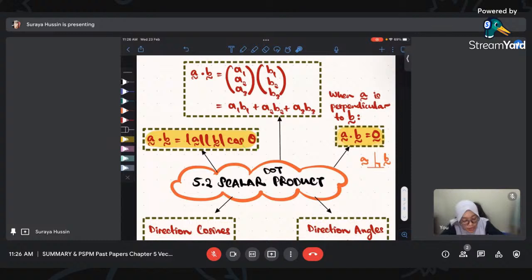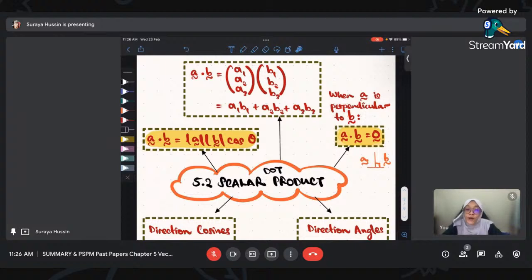Sebab A perpendicular to B bermaksud angle dia 90 degree lah. So use the angle of the 90 degree inside of this formula. So cos 90 degree berapakah nilainya? Come on guys. 0.